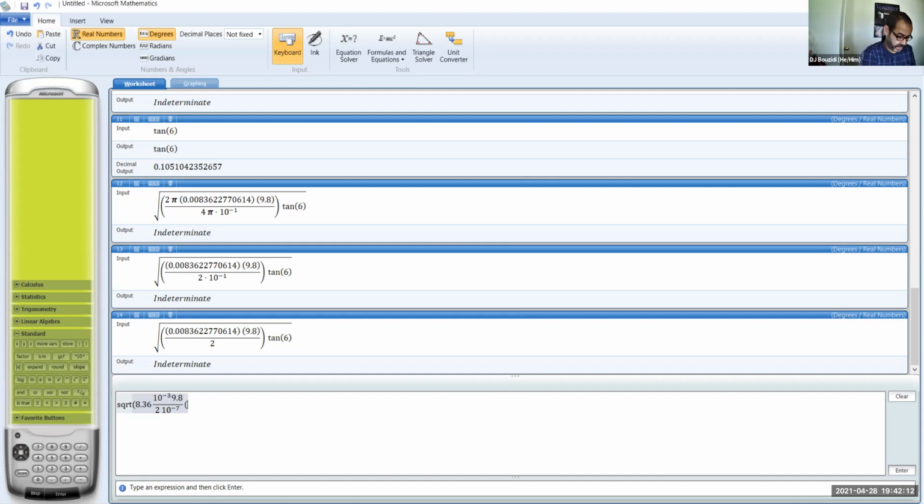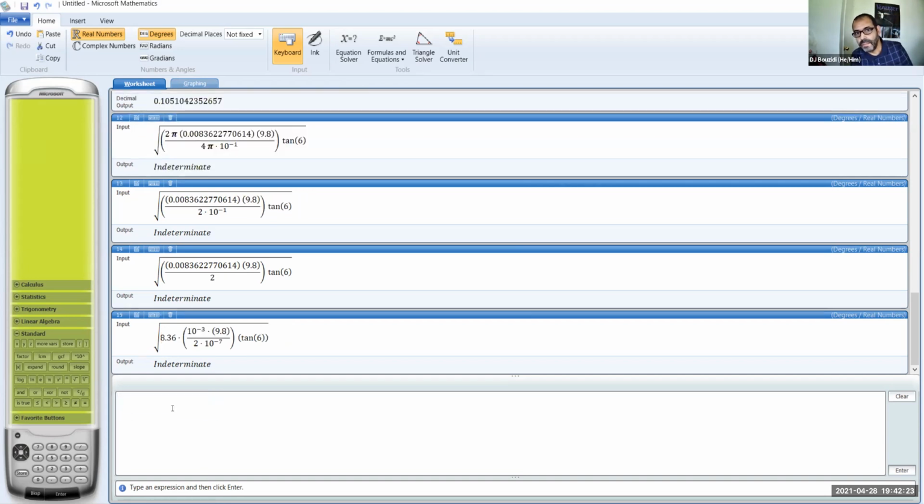Okay, let me open the parentheses in here. Times the tangent of 6 and close the parentheses of everything now for the entire thing. Okay. That is ridiculous. So 10 to the negative 3 and 10 to the negative 7, that's 10 to the positive 4.